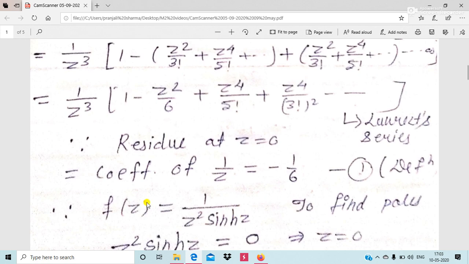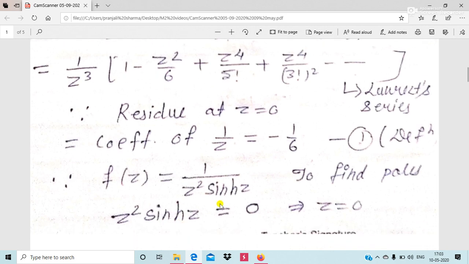Since our f(z) was 1 upon z square sinh z, to calculate its poles we put the denominator equal to 0. So z square into sinh z is equal to 0, and this equation gives us the only pole at z = 0. The residue at z = 0 has been already calculated. It is equal to minus 1 upon 6.